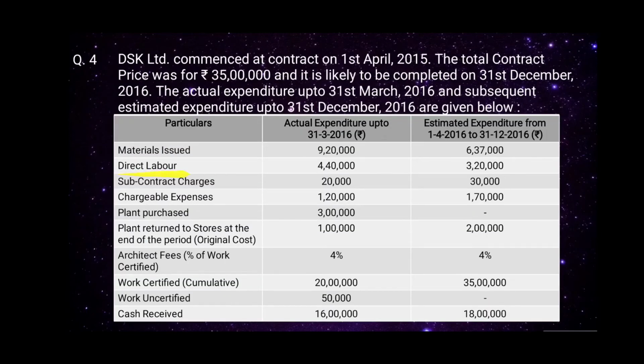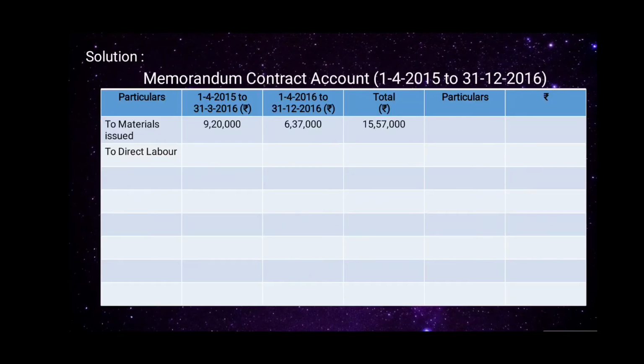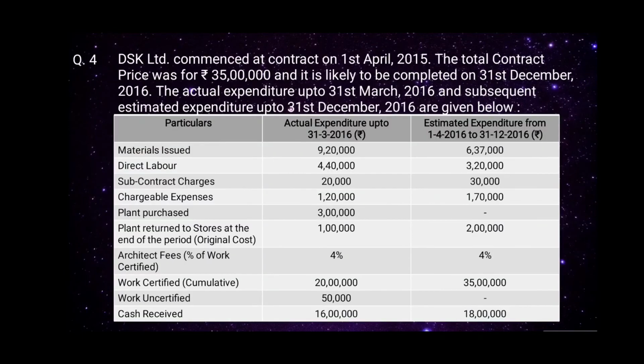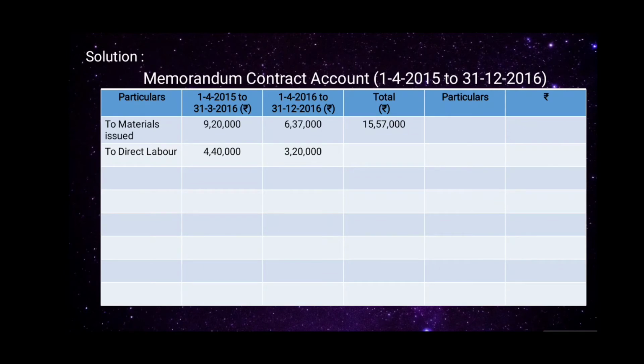Next is direct labor amount is given as 4,40,000 for actual expenditure. So to direct labor amount is 4,40,000, and for estimated expenditure amount is 3,20,000. So we'll record it 3,20,000. So the total amount will be 7,60,000.